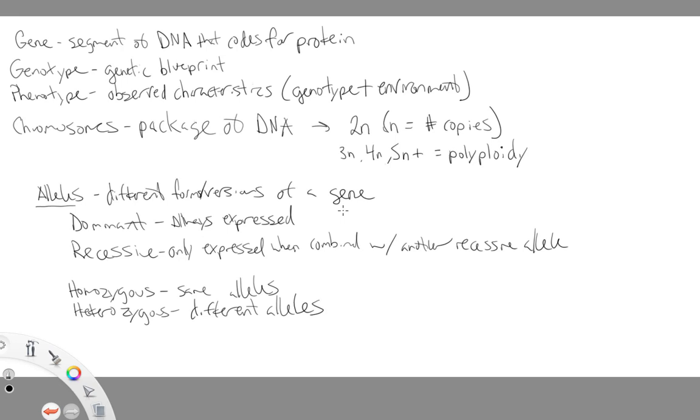If purple flower color is dominant, and we have the allele for purple, our flowers are going to be purple. Recessive alleles are only expressed when they are combined with another recessive allele. If white flowers is recessive, we would need two copies of this recessive allele for the flowers to be white.